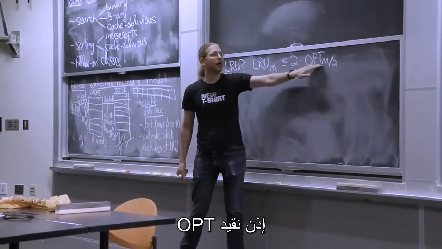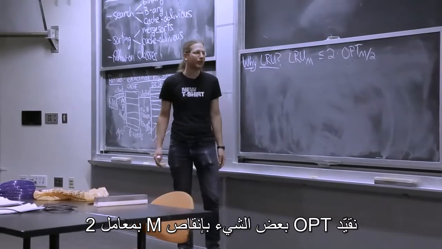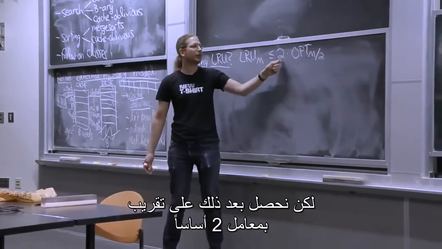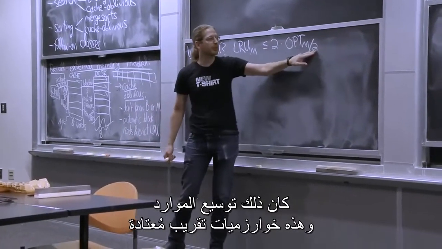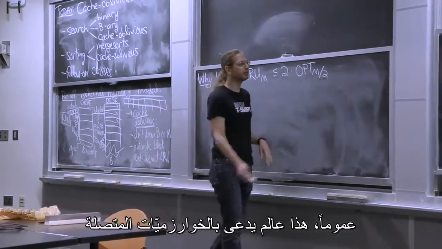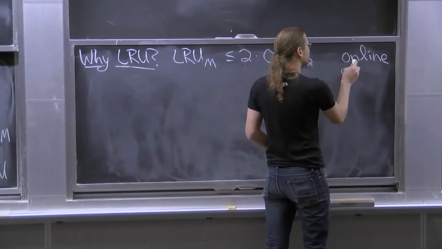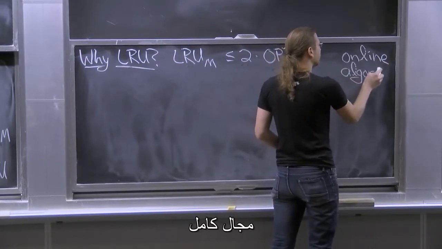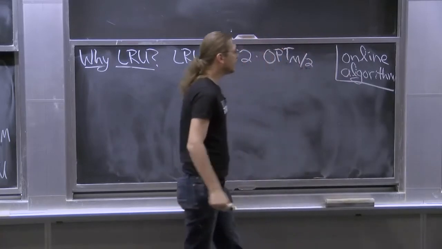So we're tying OPT's hands behind its back a little bit by decreasing M by a factor of 2. But then we get a factor of 2 approximation, basically. So this was resource augmentation, and this is regular approximation algorithms. In general, this is a world called online algorithms, which is a whole field. I'm just going to mention it briefly here.